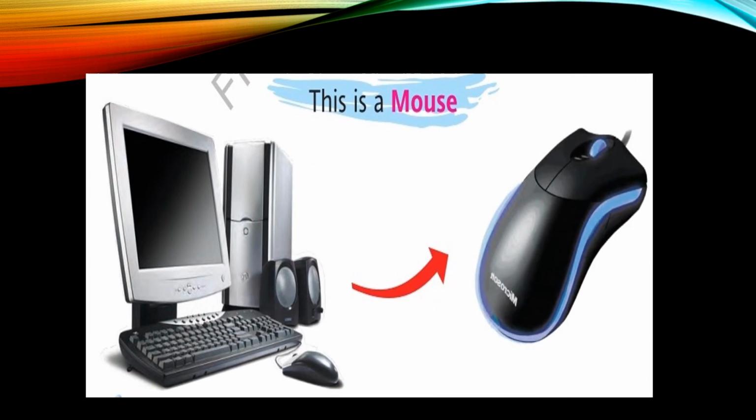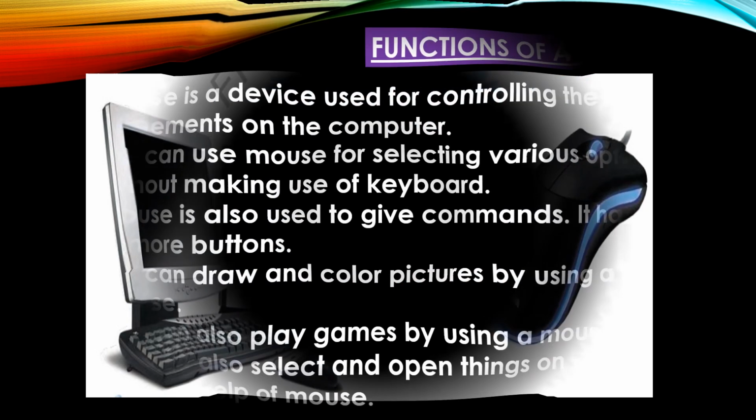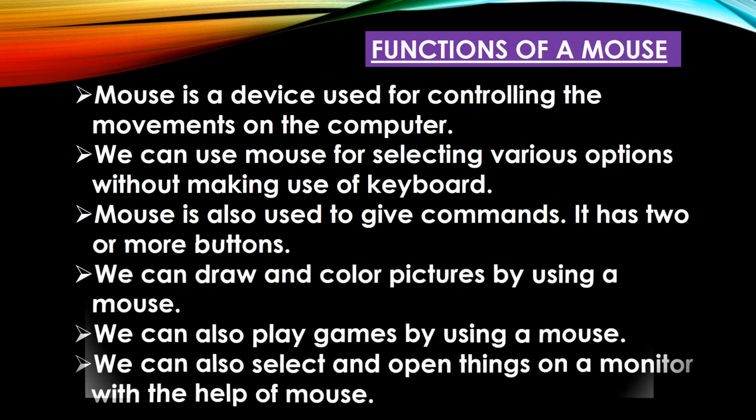Another picture is of a mouse. It is an input device that is used with a computer. It is a device which is used to move the pointer on a computer screen. Functions of a mouse.